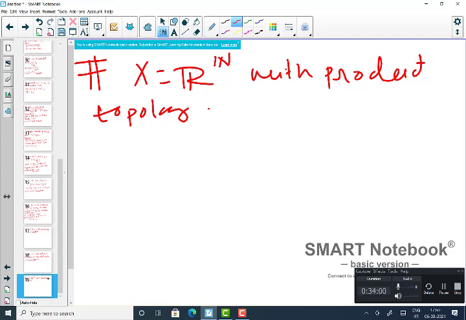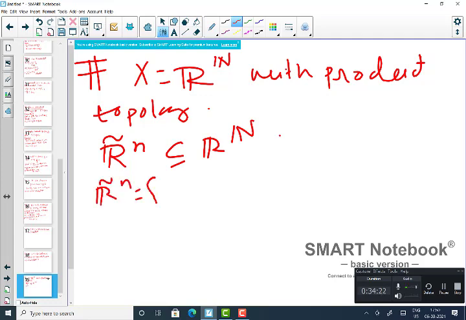I will show it here. Okay, so what you will do, you will start with a proper subspace. Let me write this down, R tilde n, the subspace of R^N. What is this? This is the collection of all the sequences of this form: x1, x2, ..., xn, and then 0, 0, 0.